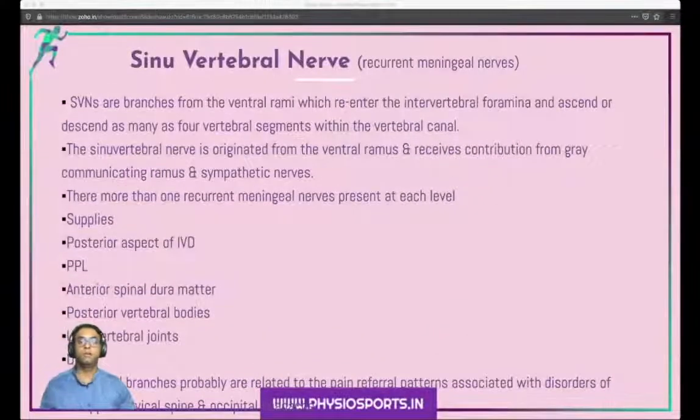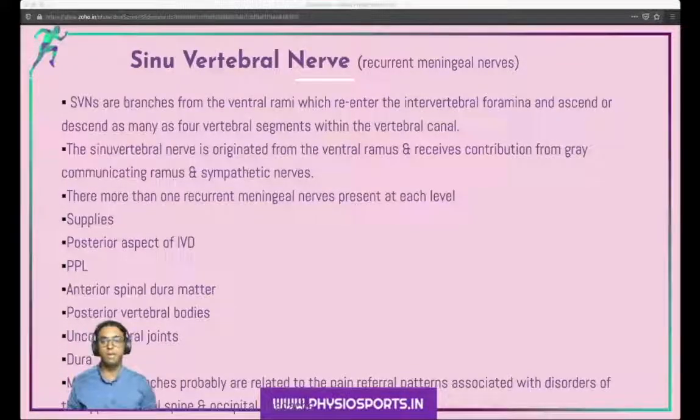The sinovertebral nerves are the branches from the ventral rami which re-enter the intervertebral foramen and ascend or descend as many as 4 vertebral segments within the vertebral canal. The sinovertebral nerve originates from the ventral ramus and receives contributions from the gray communicating ramus and sympathetic nerves.